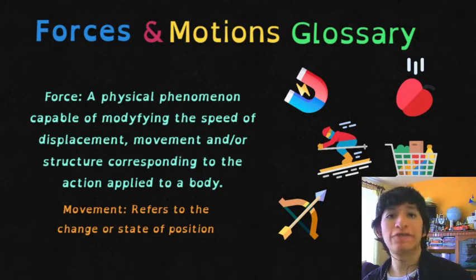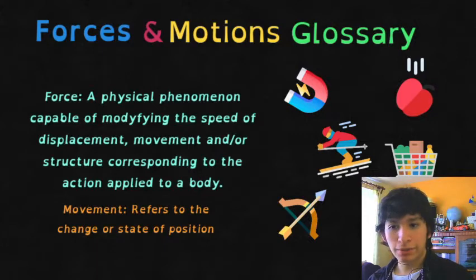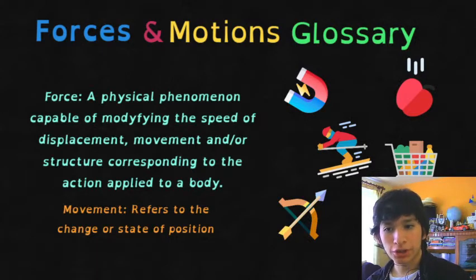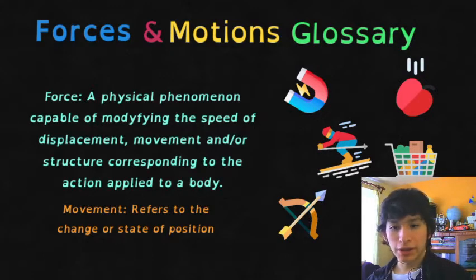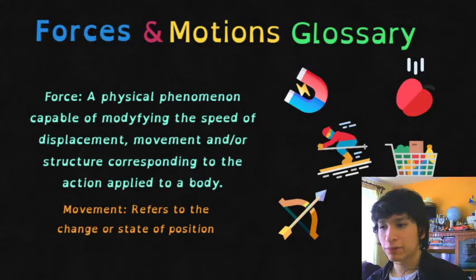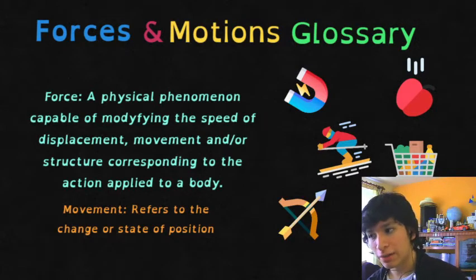The force is a physical phenomenon capable of modifying the speed of displacement, movement, and even a structure corresponding to the action applied to a body. Movement, on the other hand, refers to the change or state of position of a body.